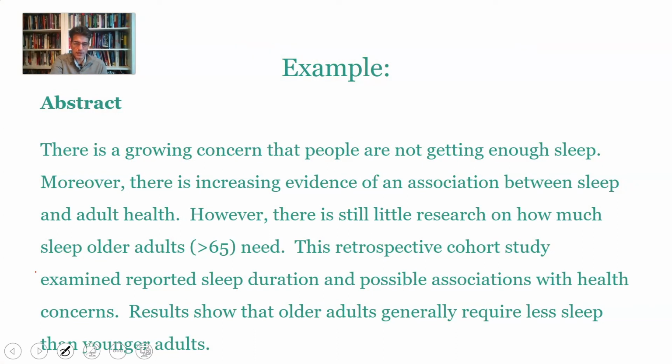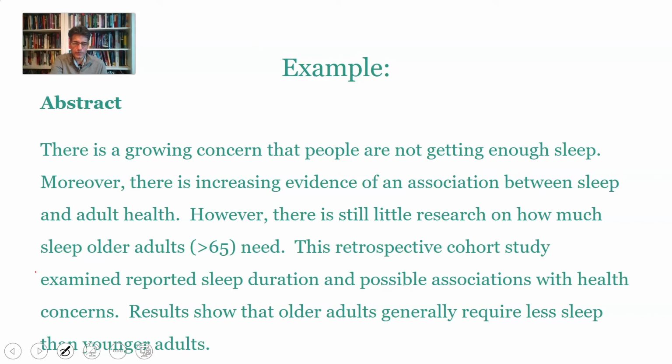Here's an abstract that is not a real abstract, but one that's adapted from a real one. There is a growing concern that people are not getting enough sleep. Moreover, there is increasing evidence of an association between sleep and adult health. However, there is still little research on how much sleep older adults need. This retrospective cohort study examined reported sleep duration and possible associations with health concerns. Results show that older adults generally require less sleep than younger adults.